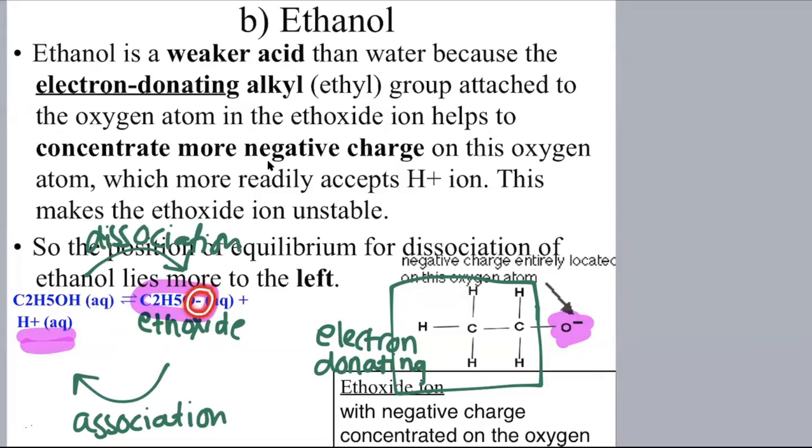Ethoxide has a very strong negative charge on the oxygen. It has a stronger attraction to the hydrogen ions. A strong negative charge attracts a positive charge, so it favors the reverse reaction, which is association. When you have more association than dissociation, that means your acid is less acidic.